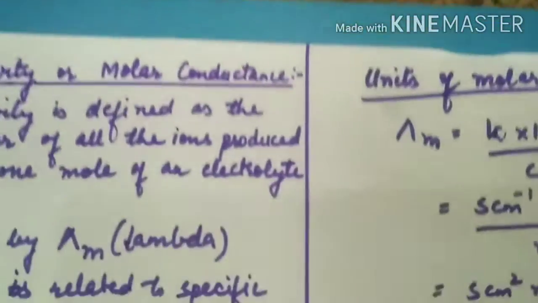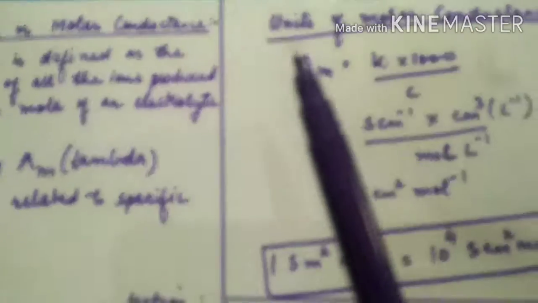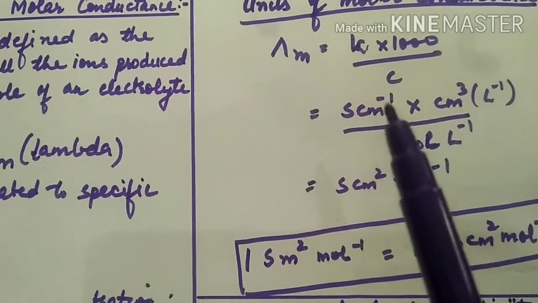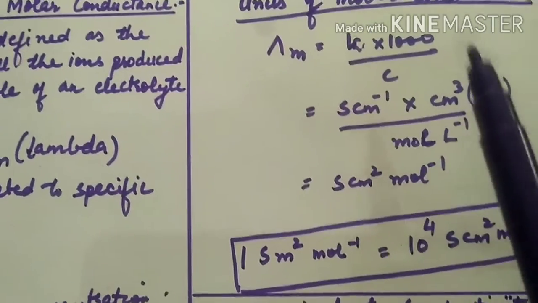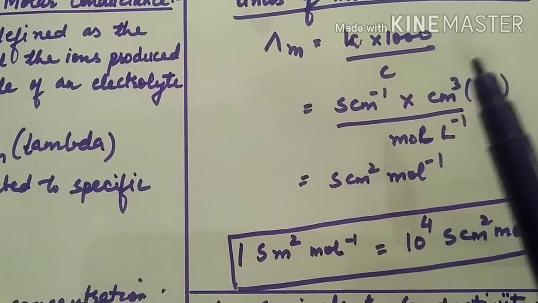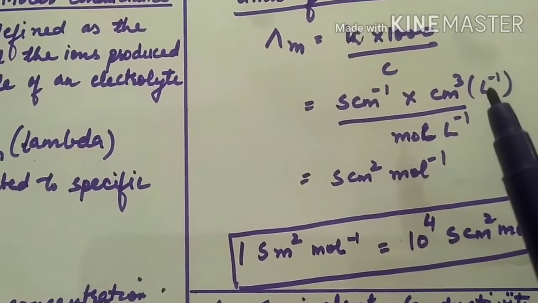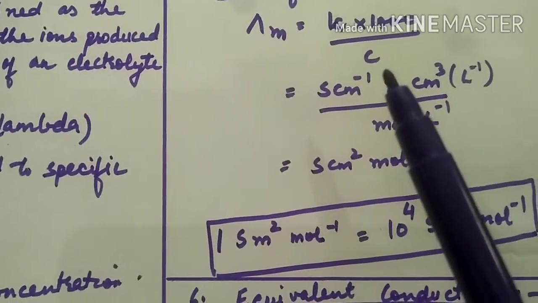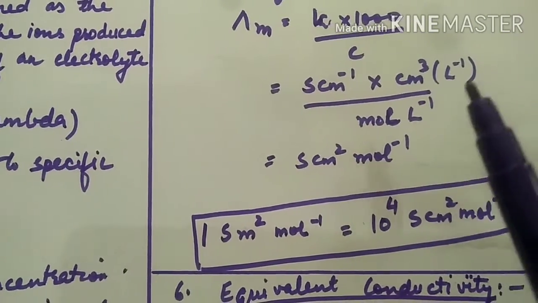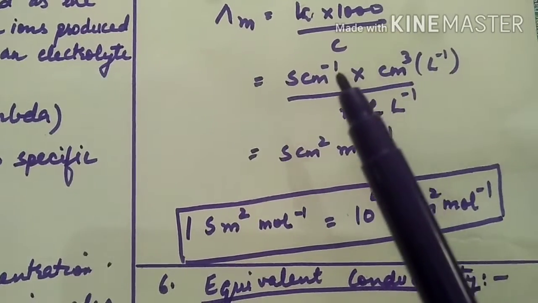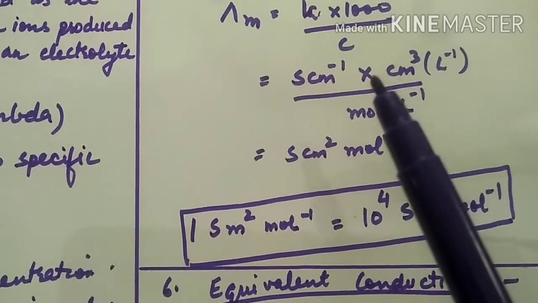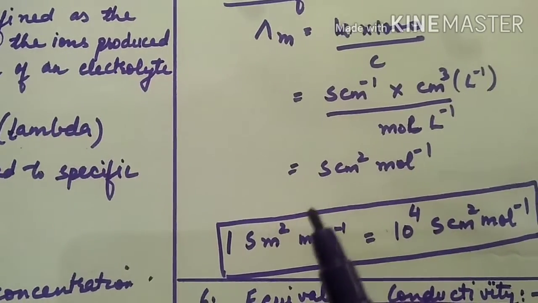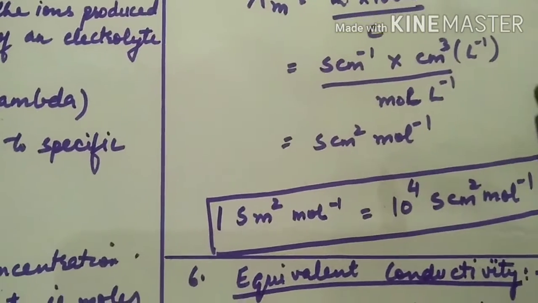Then units of molar conductance, because lambda m is equal to kappa into 1000 upon C, units of kappa is Siemens centimeter inverse, and this 1000 is 1000 centimeter cube per liter, so liter inverse, upon units of concentration moles liter inverse. Liter inverse cancels out, centimeter inverse into centimeter cube is centimeter square, so units of molar conductivity will be Siemens centimeter square mole inverse.